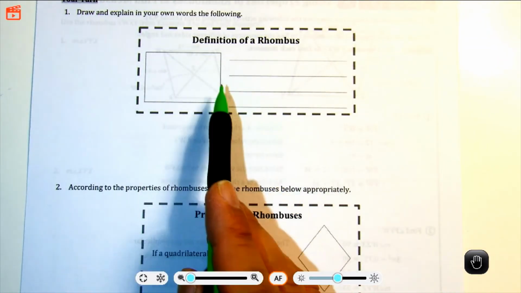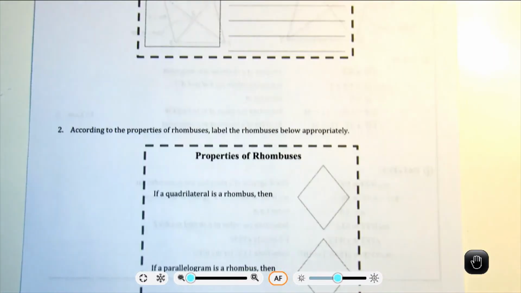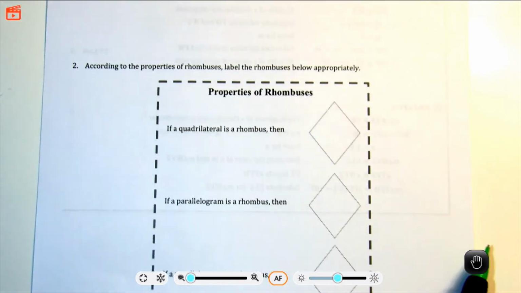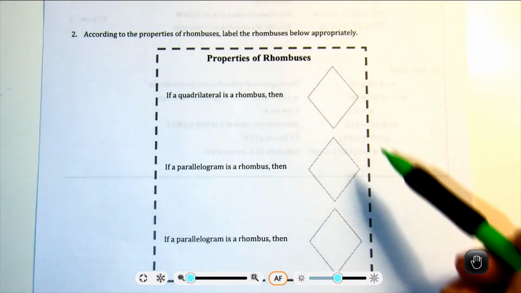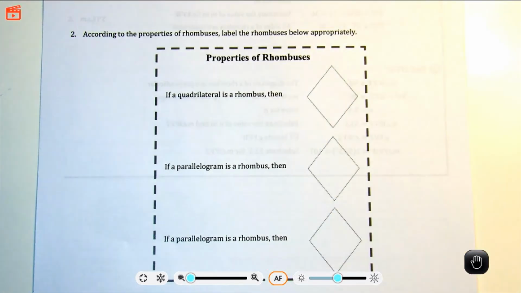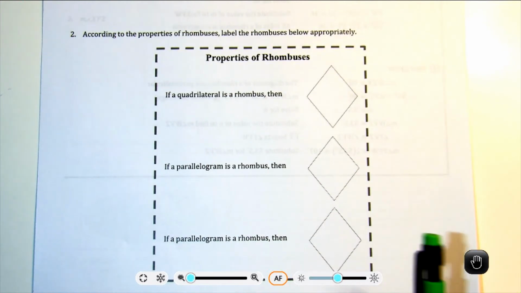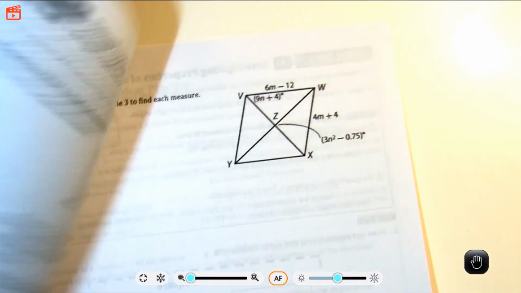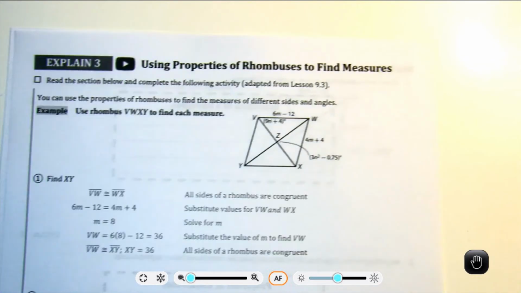And then if you guys want to use this as a study guide of what are the properties of rhombuses, the three properties that we just talked about, you could do that as well there.